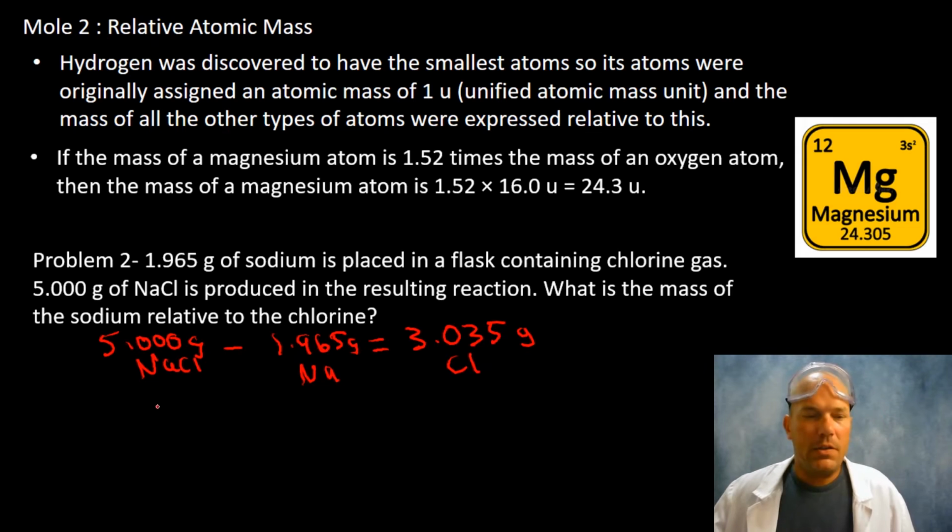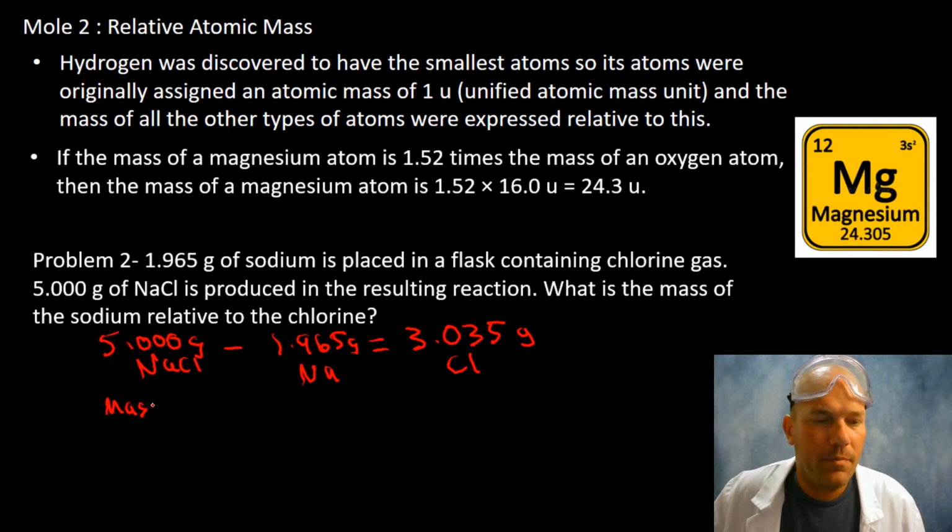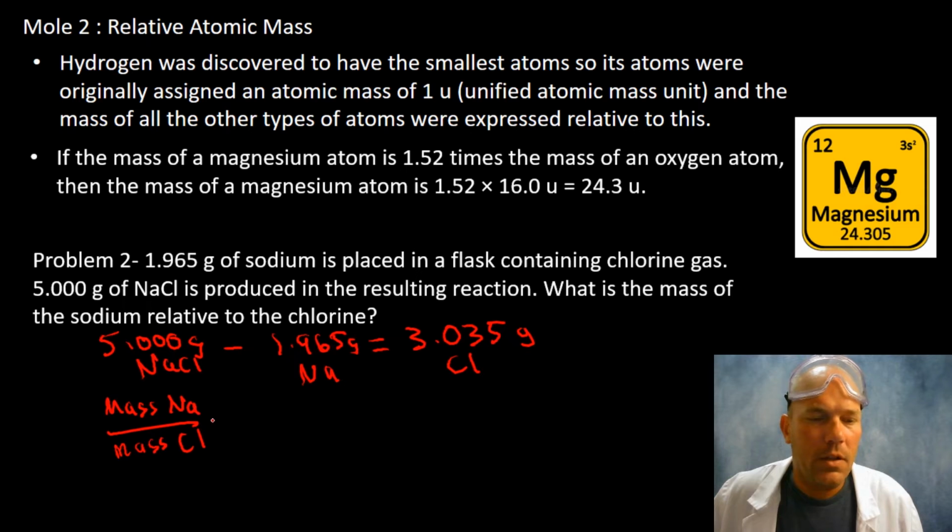Okay, and now we're going to set up a ratio just like we did on the last example. Mass of the sodium compared to the mass of the chlorine is equal to the 1.965 grams of sodium.